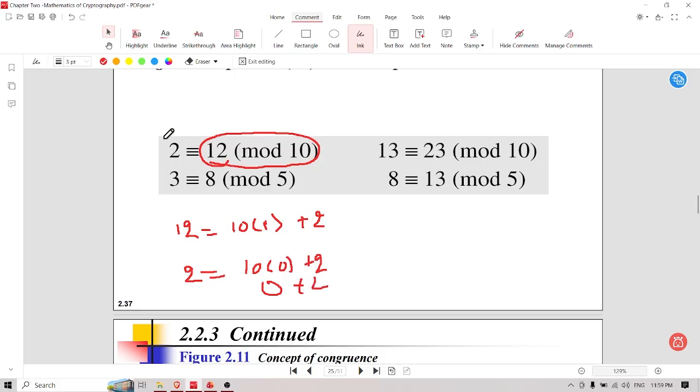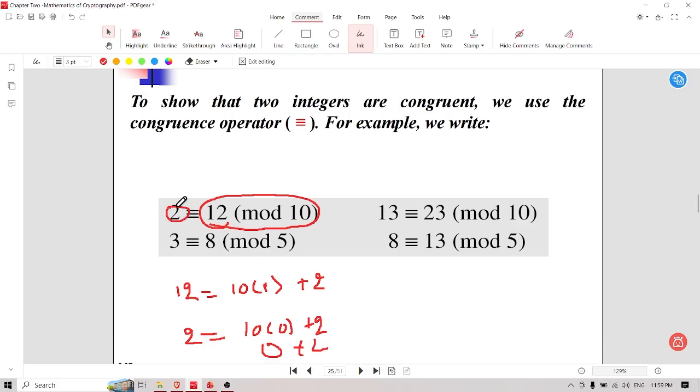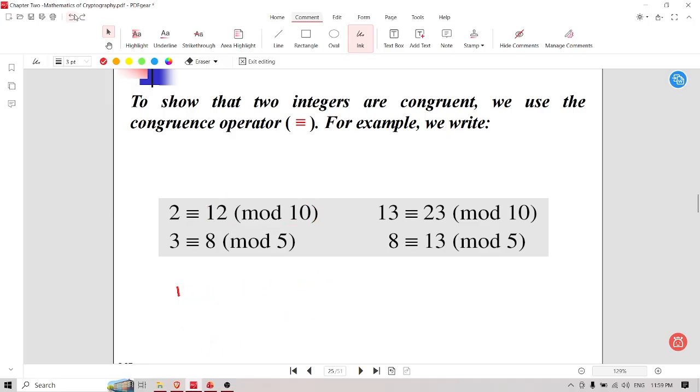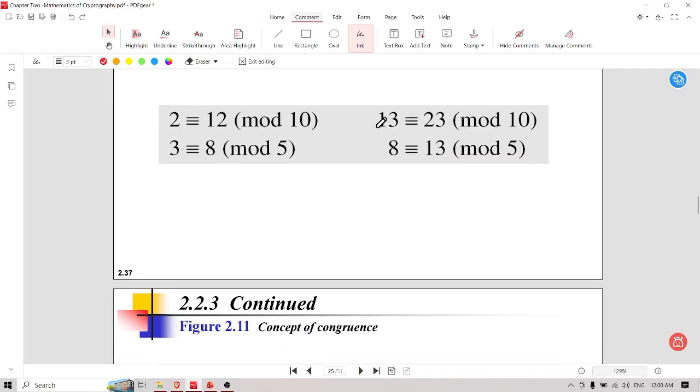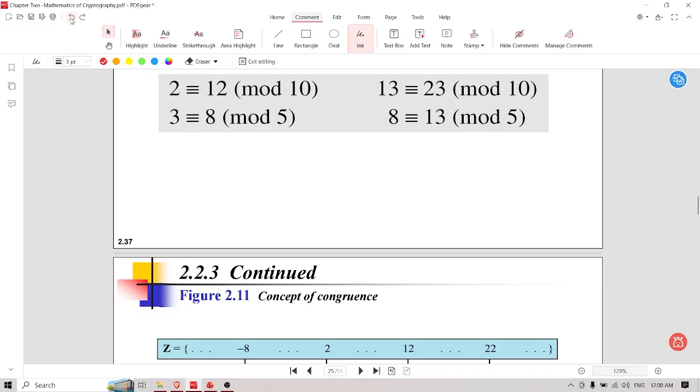So congruence means that if we mod these two numbers by 10, we will get the same result. Same for 13 and 23. If we do mod 10, we will get the same result.